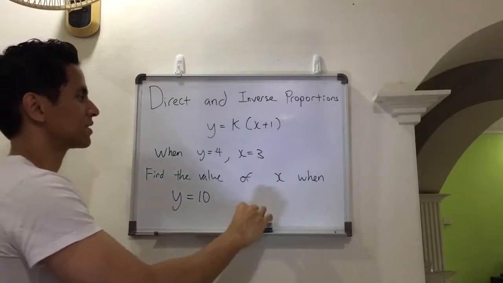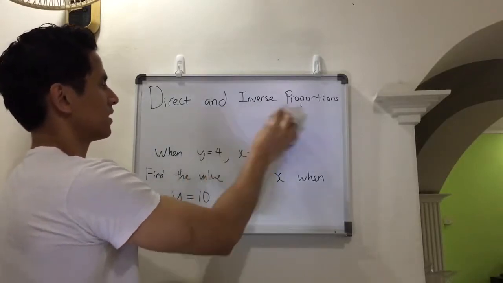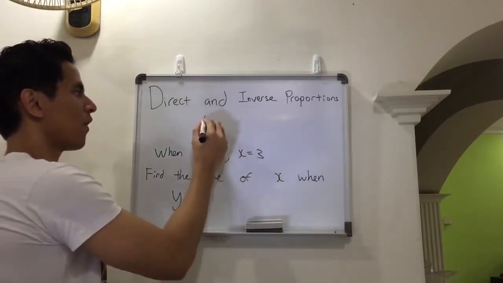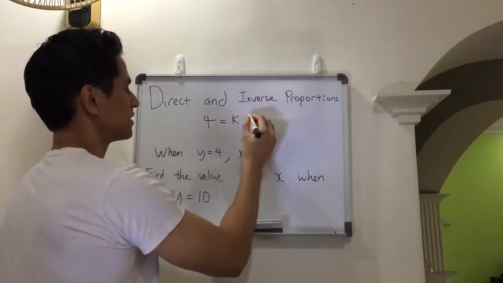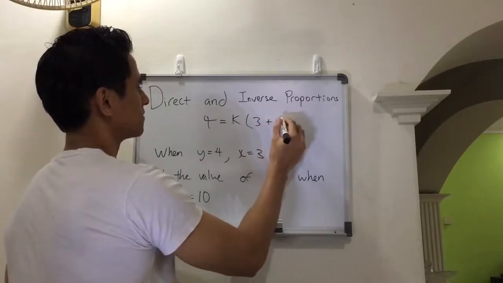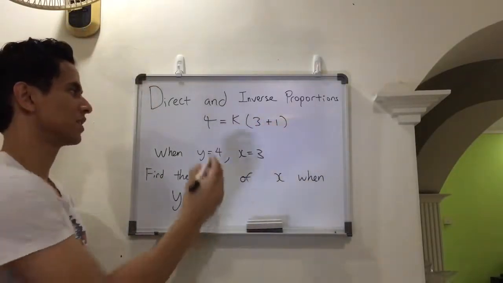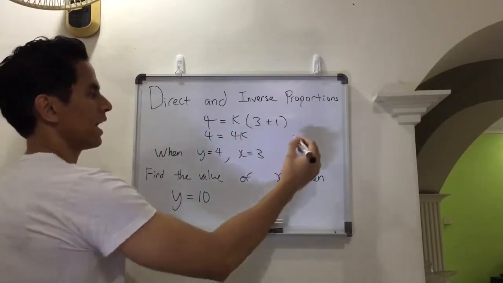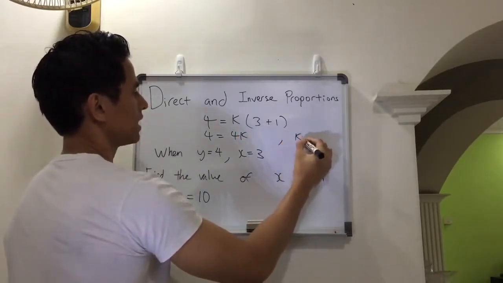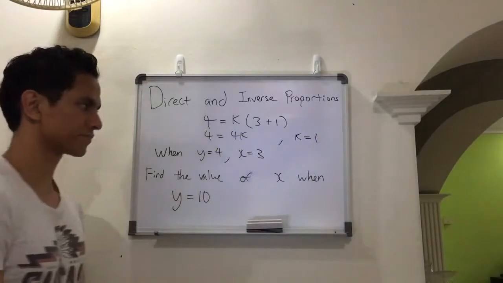So let's see what happens. This would then be 4 equals k times (3 plus 1). So in this case, 4 equals 4k, and then k is just equal to 1.